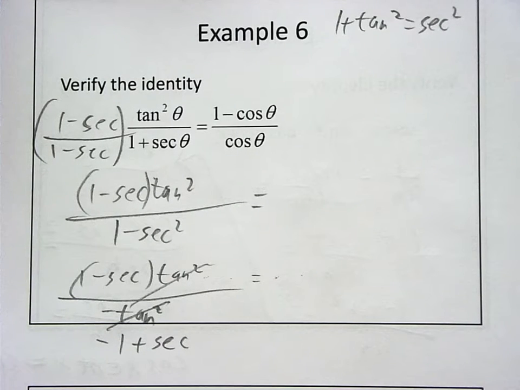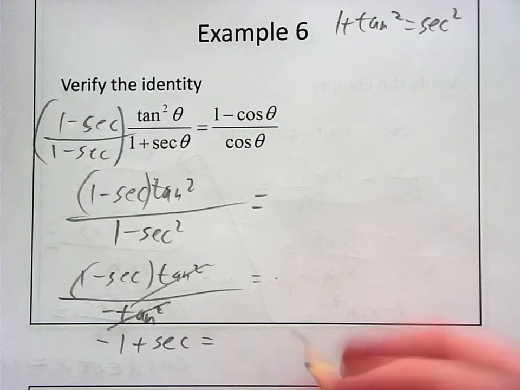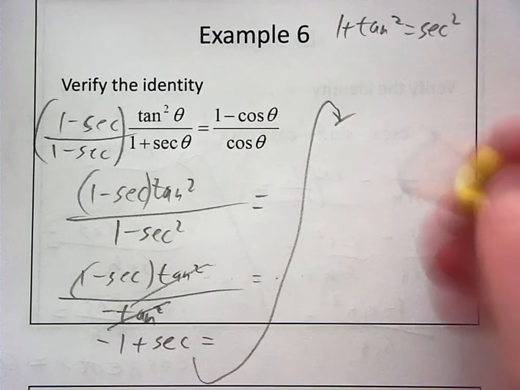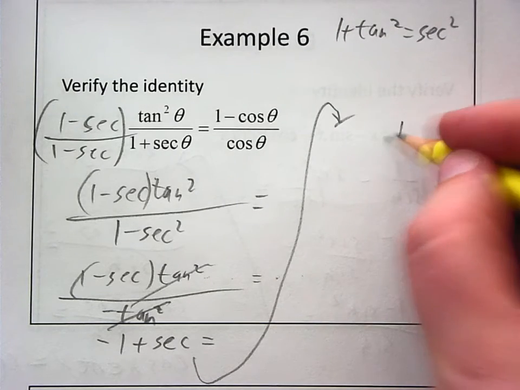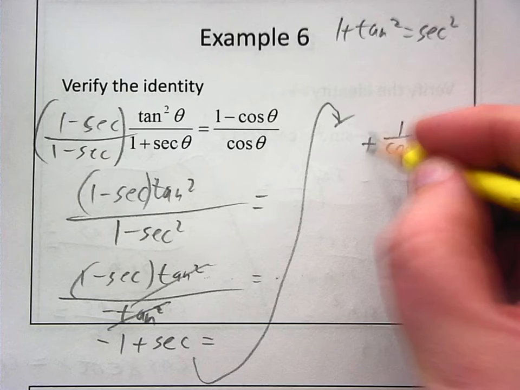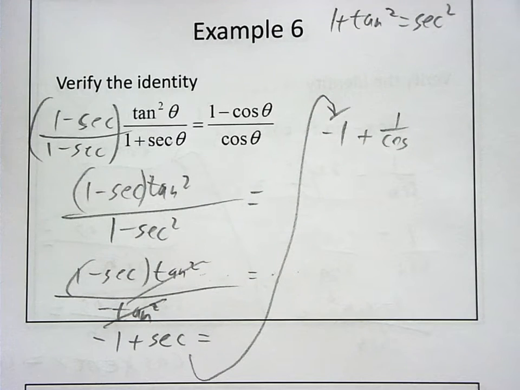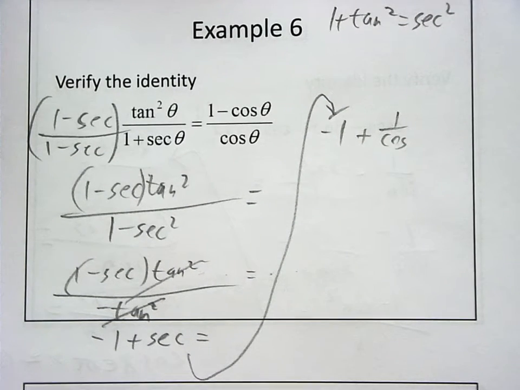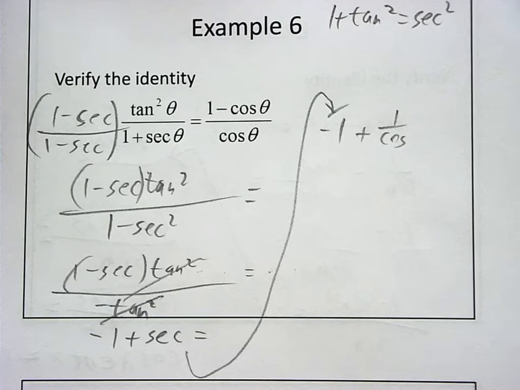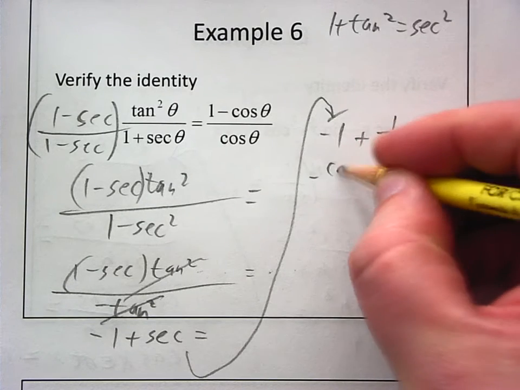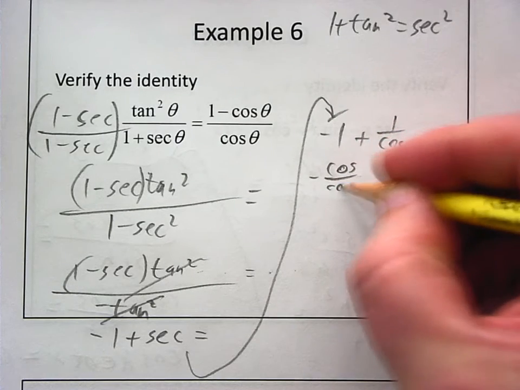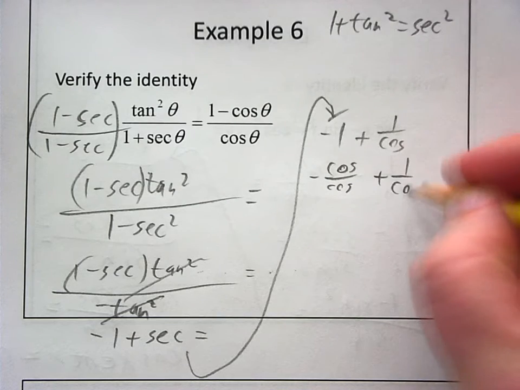Then what could I do? Yeah, change secant into 1 over cosine. And I have negative 1 here. Yeah, you can rewrite 1 as cosine over cosine. Plus 1 over cosine.